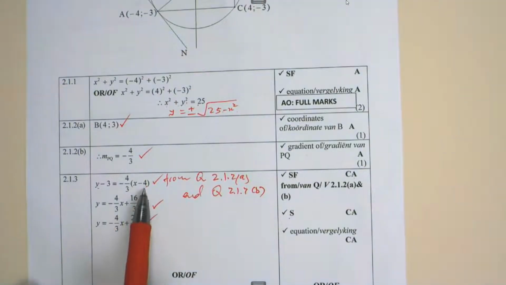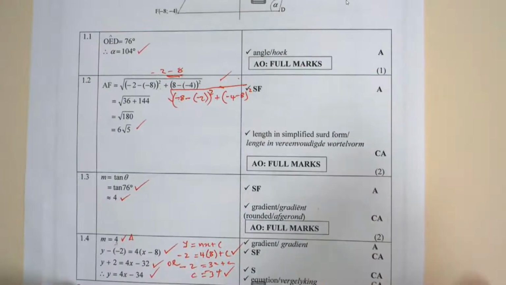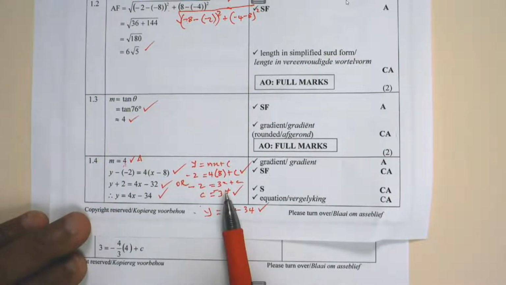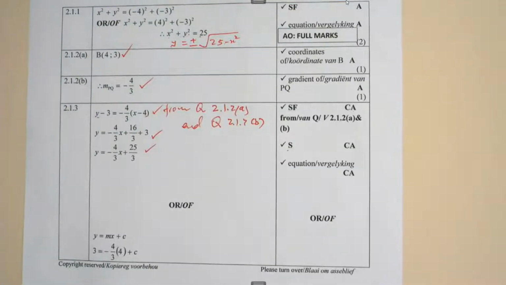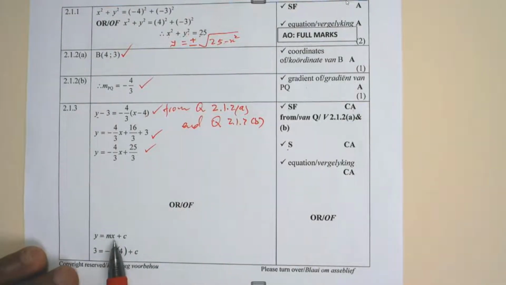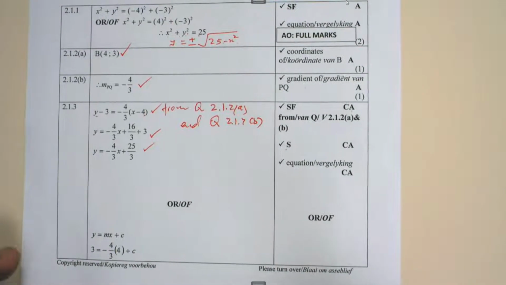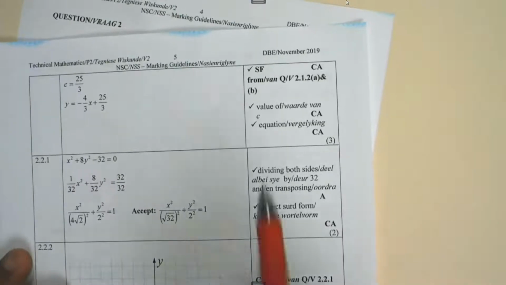Now, you have an option there. Remember, we used this formula like we indicated in question 1.4, where I indicated this as an option. The same applies in 2.1.3, where you have an option where y equals mx plus c is used. Therefore, in the same way, you give the learner 1 mark for substitution.